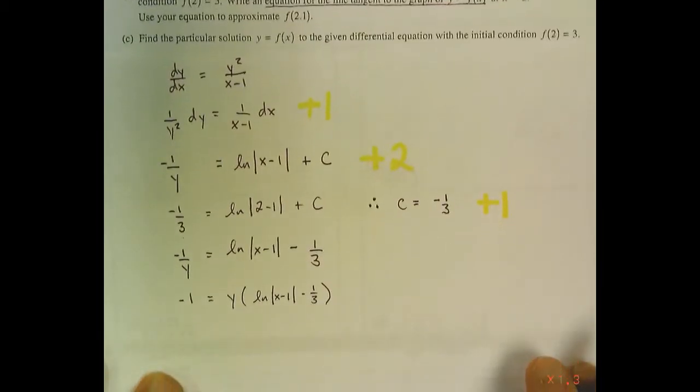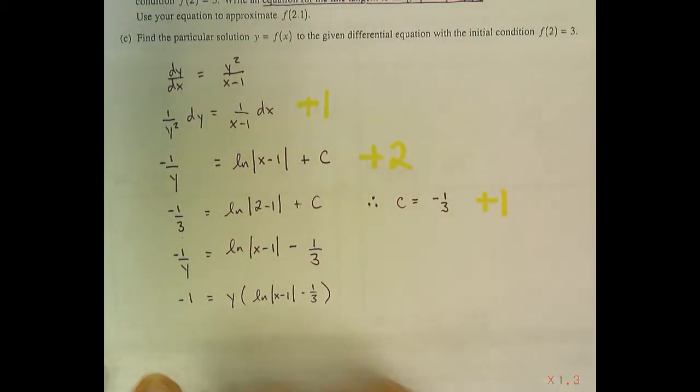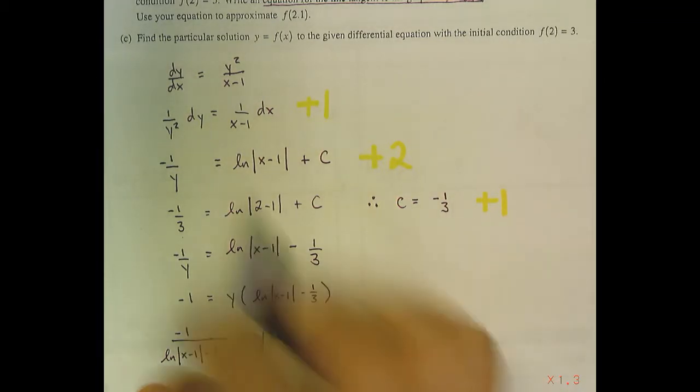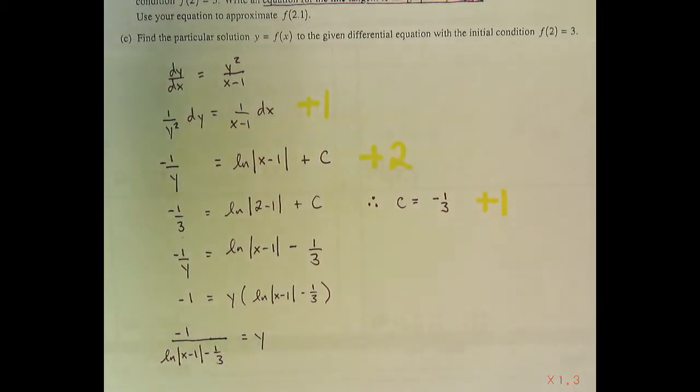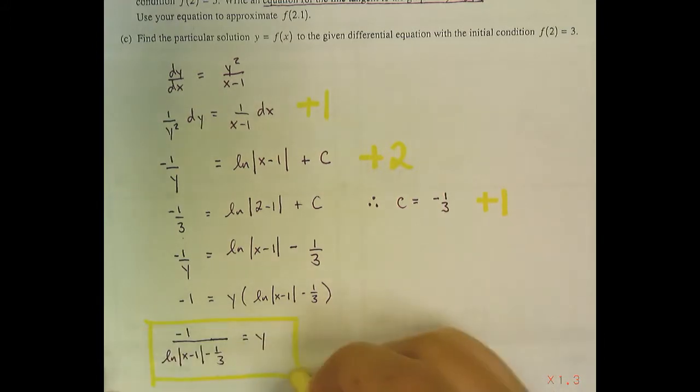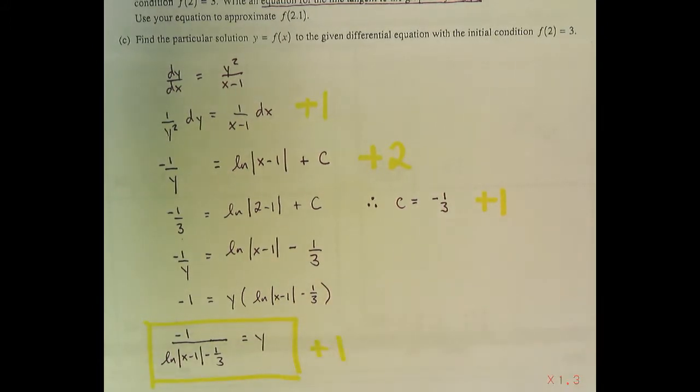And then divide the non-y terms to the right. And this is equal to y. Find the particular solution. So we've got to our particular solution, plus 1 for that.